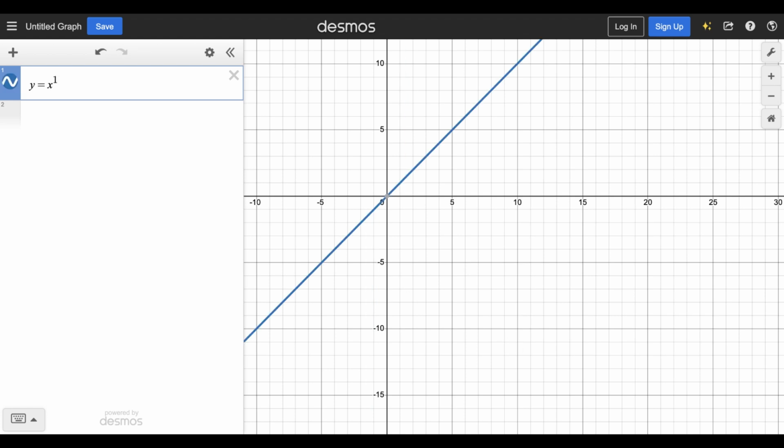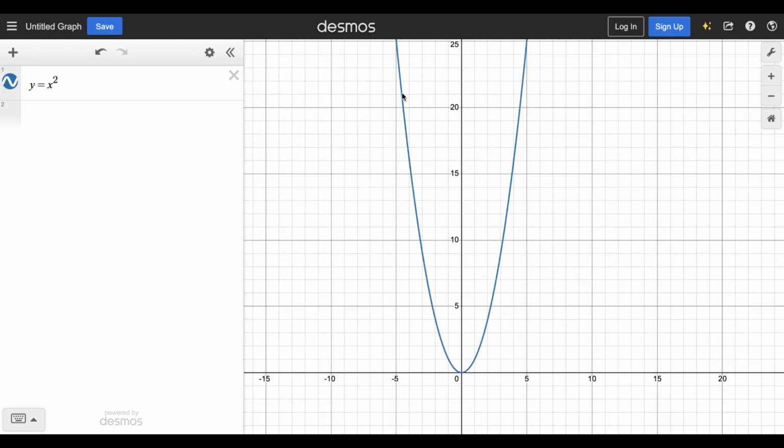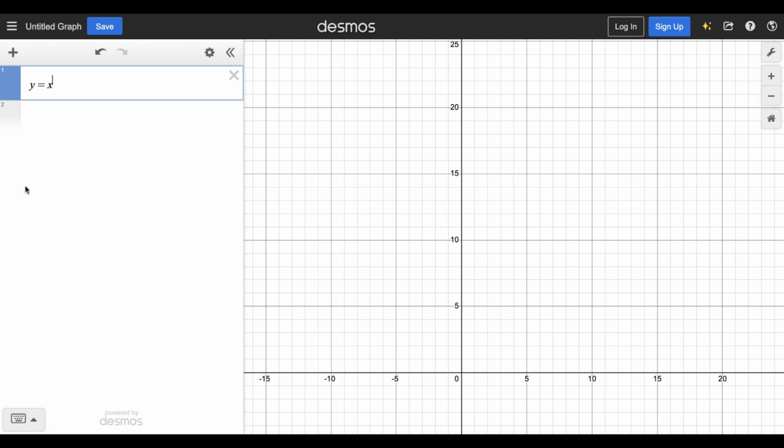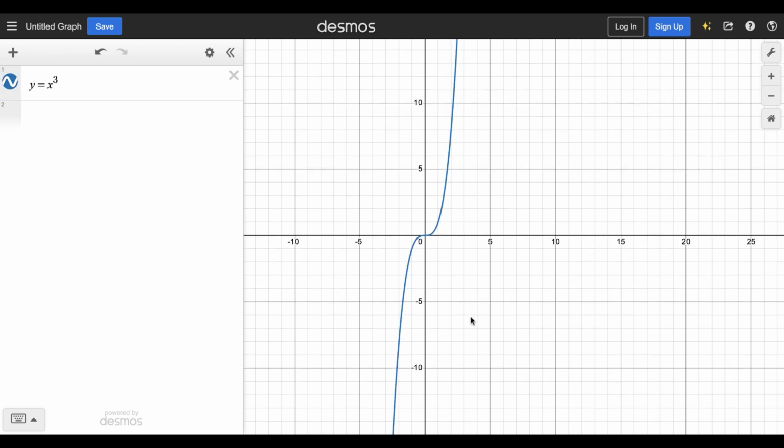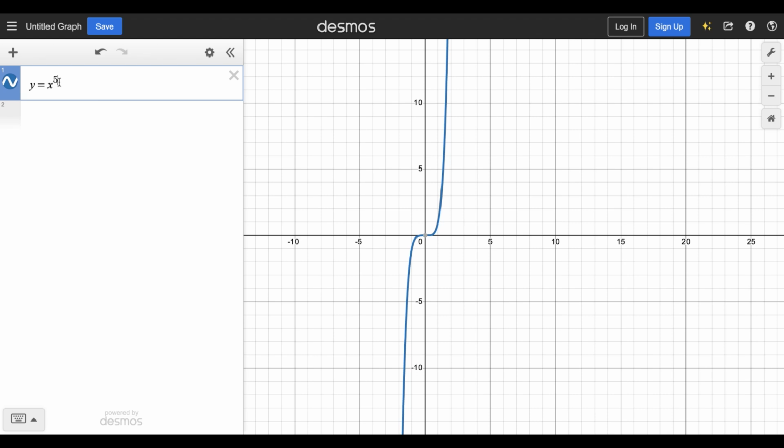So just a quick recap of what we learned. When the exponent is even, it's going to look like a U shape. It's going to be a parabola shape. When the exponent is odd, it's going to have sort of a weird S shape. So those are the features that you've got to know. These are important things you've got to memorize.